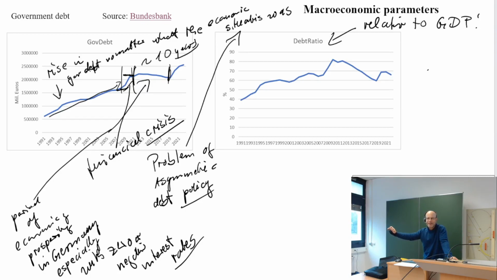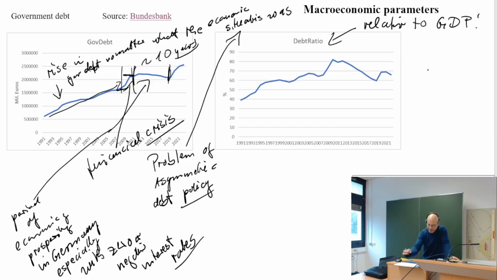And so during this time, we more or less automatically had no problem with our government debt. So the reason, we can say, is not because we made very good economic policy during this time. This was more or less an automatic situation.